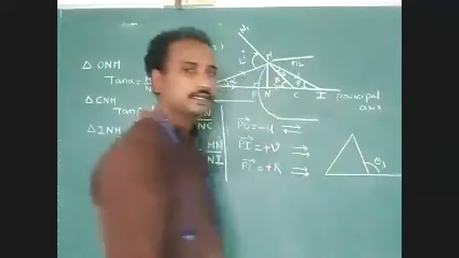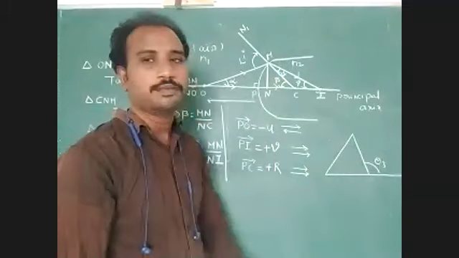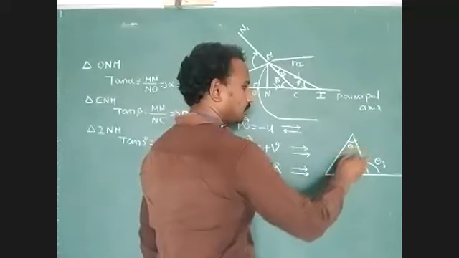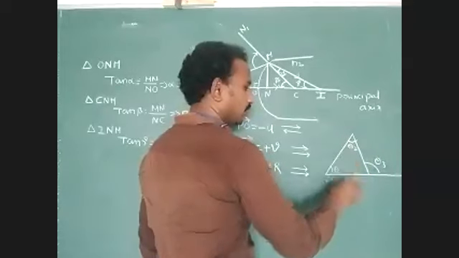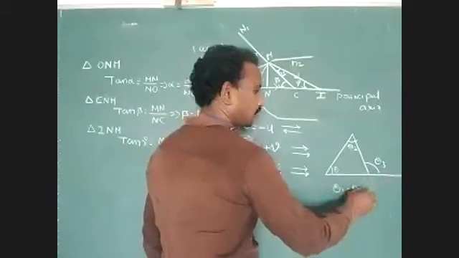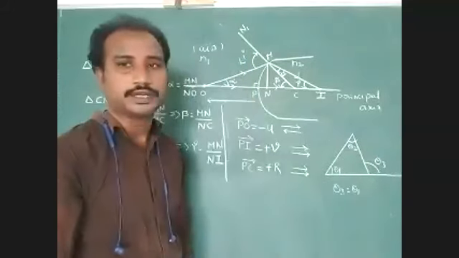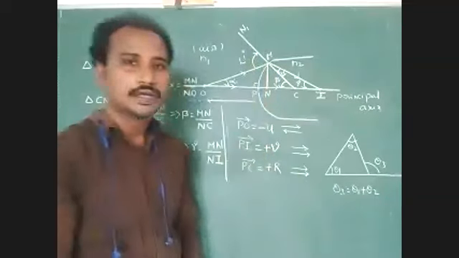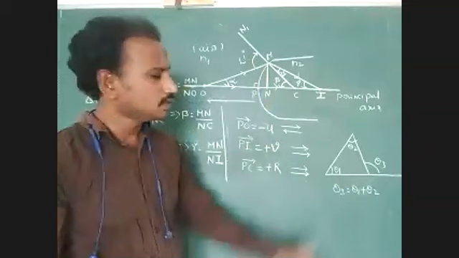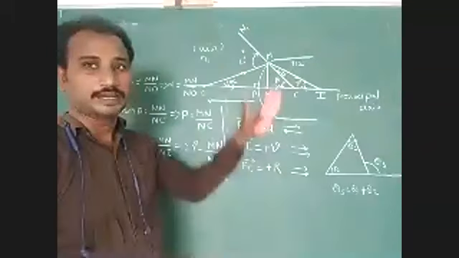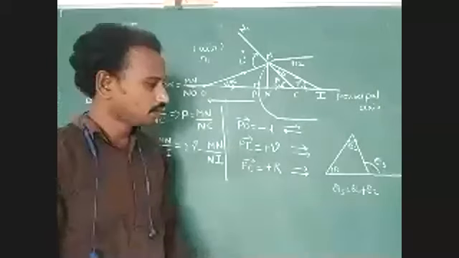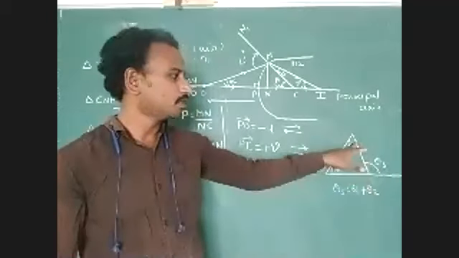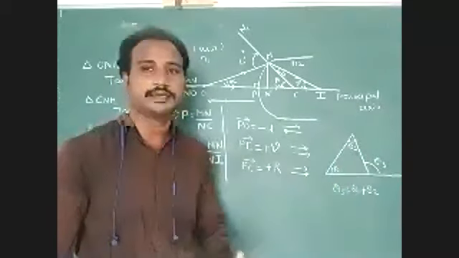Theta 3 represents the exterior angle. The sum of opposite interior angles in the triangle are theta 2 and theta 1. So theta 3 equal to theta 1 plus theta 2. This condition is very important for explaining image formation and formula derivation. Understood, students? Exterior angle equal to sum of opposite internal angles of triangles.